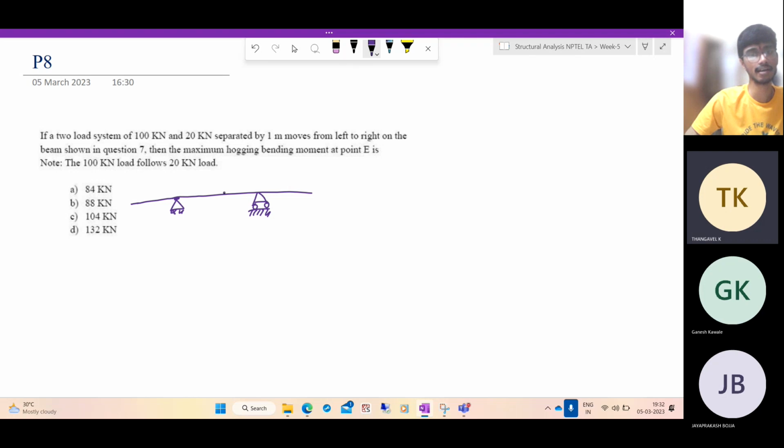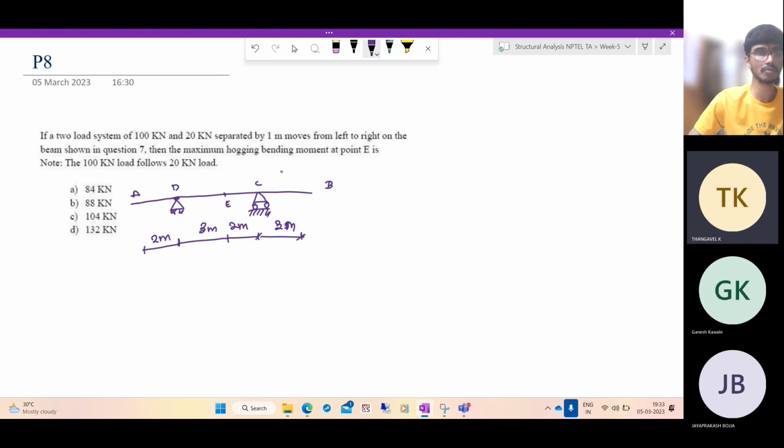And the point E, as in the last question, is at 3 meters. So this is 2 meters, 3 meters, 2 meters, 3 meters. This is the point E, this is C, this is D. This is A and this is B.